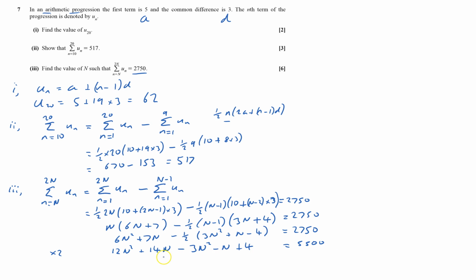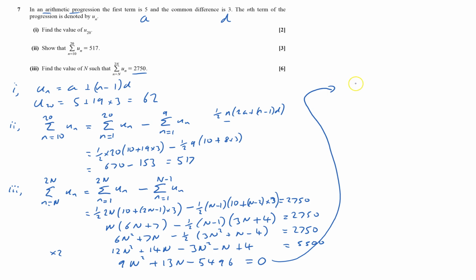And then we've got a quadratic, so get it all on one side: 9n squared plus 13n minus 5496 equals 0.